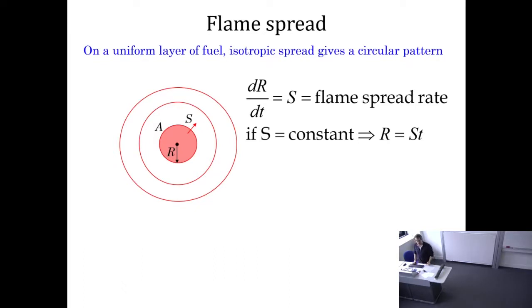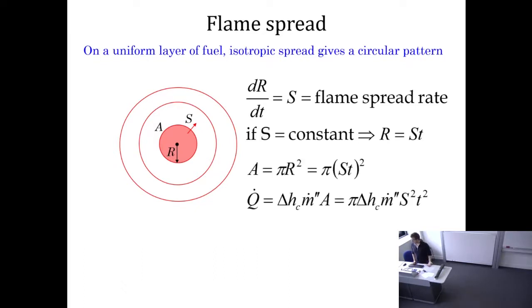And then if the radius is linear, the area of the fire becomes quadratic. So the area of your fire, when you have constant uniform spread rate, is pi S t squared, with S being a constant.